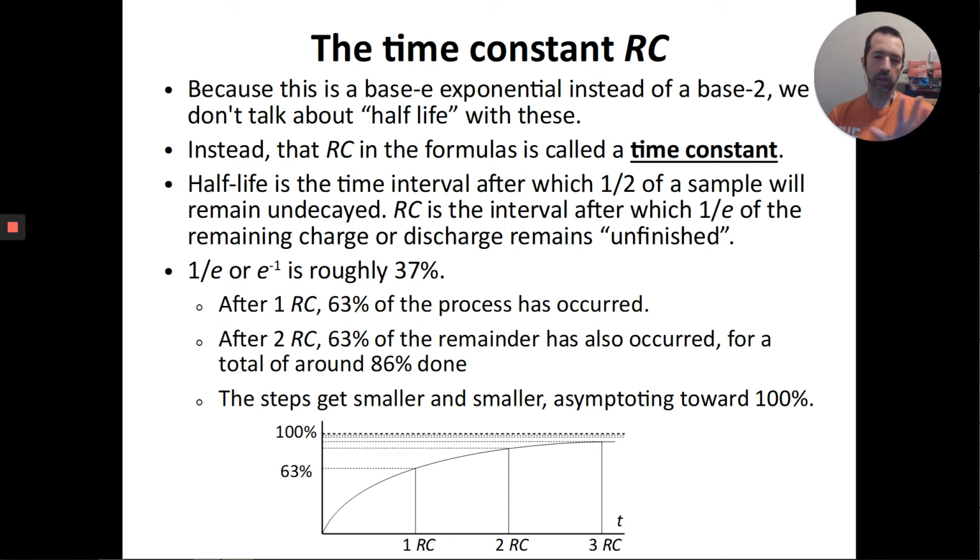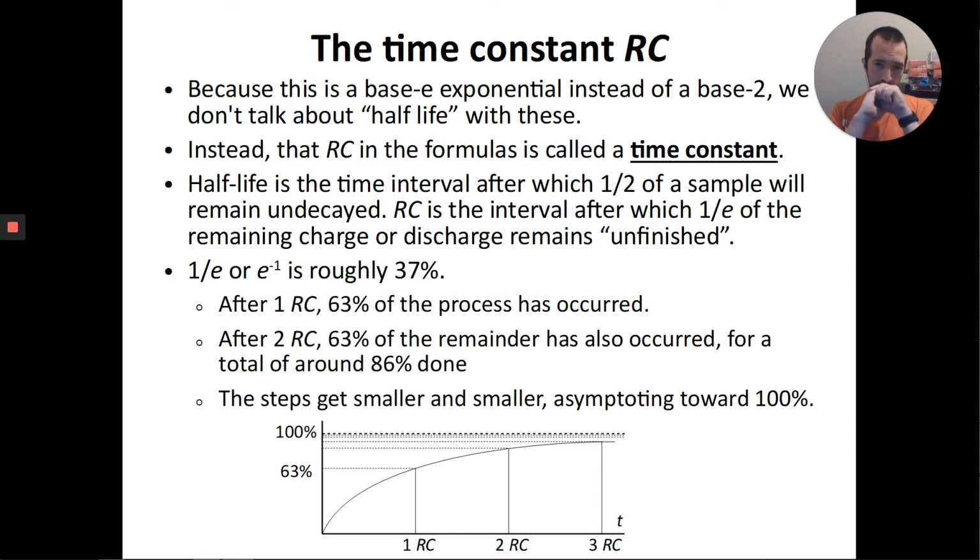So I'm going to give a few examples. I have an animation running that I'll show you also, but it's not crucial that you have a strong intuition for the way the time constant works. You just need to know it represents the speed. So a long time constant means it takes a long time. A short time constant means it takes a short time. And the details you can rely on the formulas for.